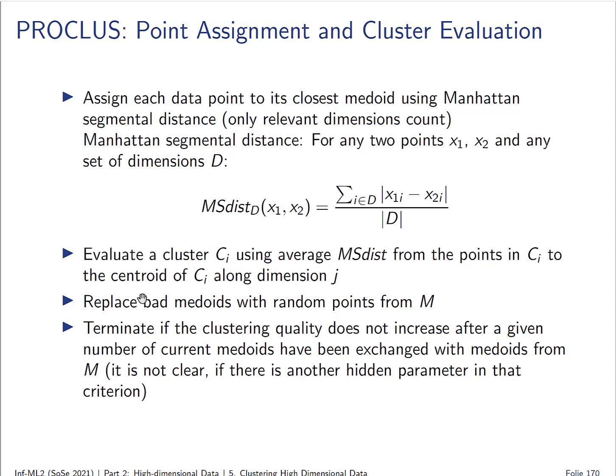Then we replace bad medoids with random points from M, which is the classical way as we do it in k-medoids clustering.